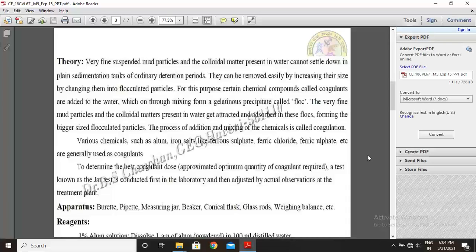They can be removed easily by increasing their size by changing them into flocculated particles.